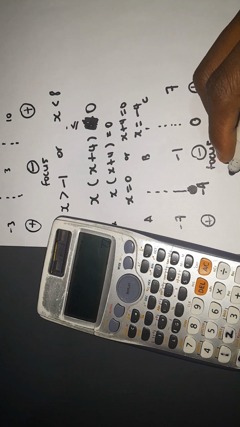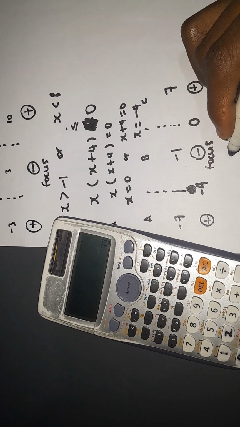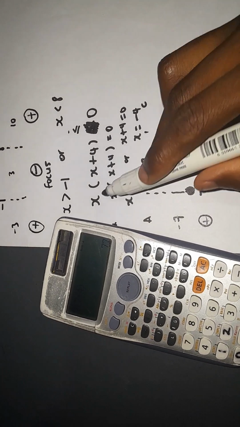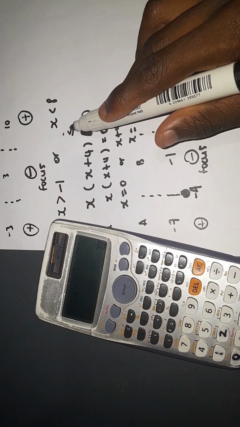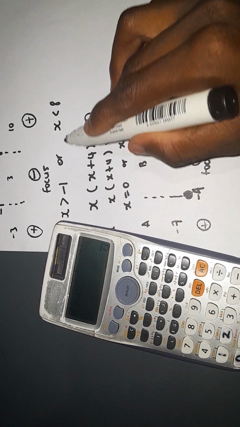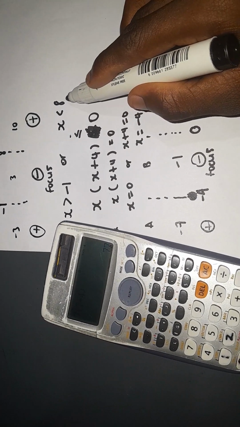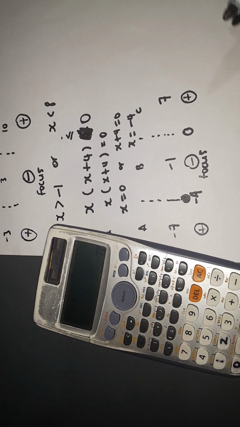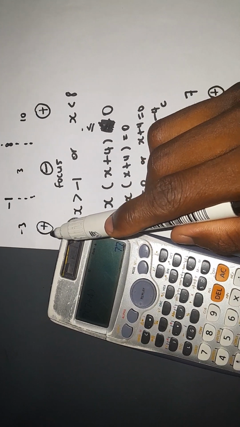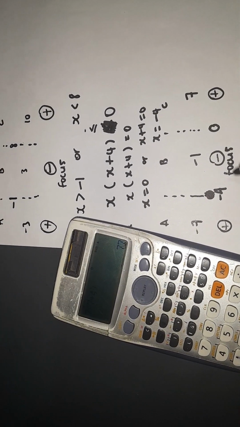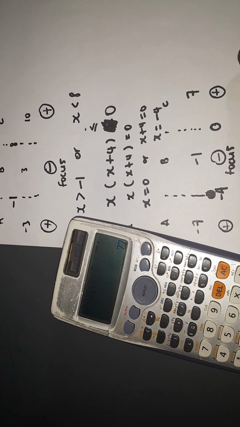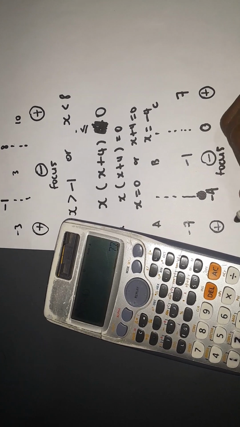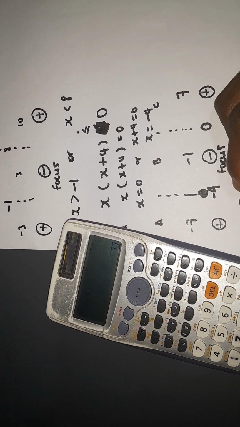Remember this, since now we have the negative or equals to, we cannot do it like this, because you can see here we are required to do it in either this bracket formula, whereby we will say that x is an element of real numbers.